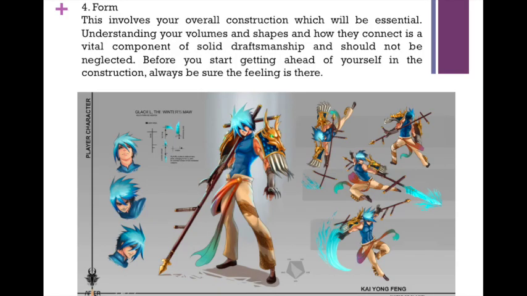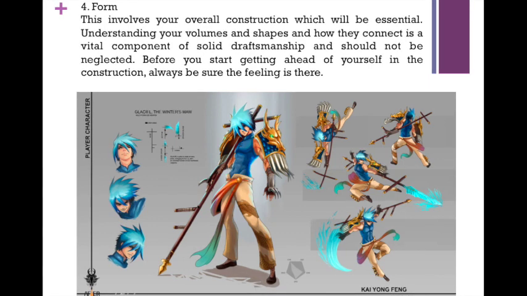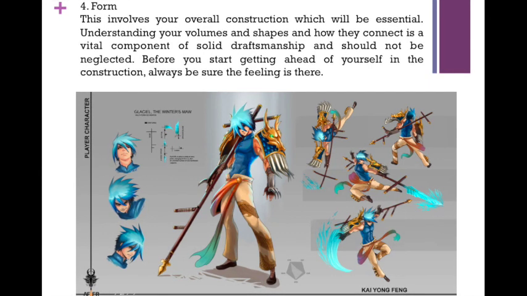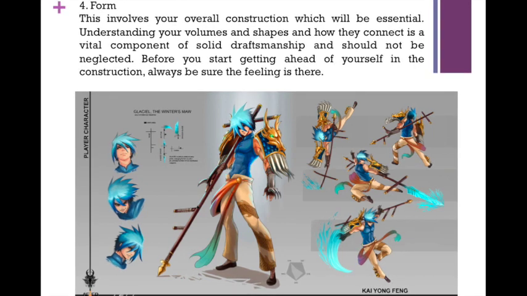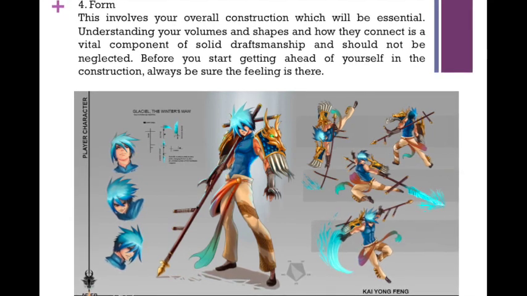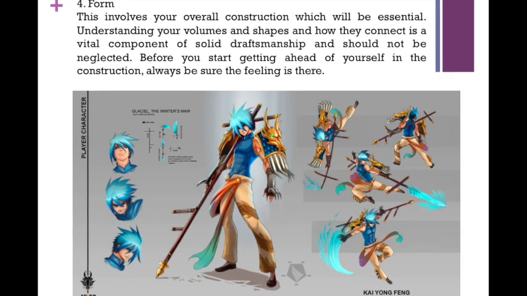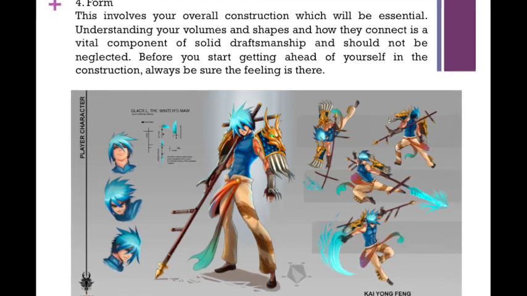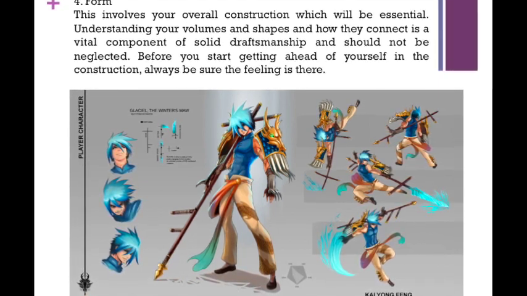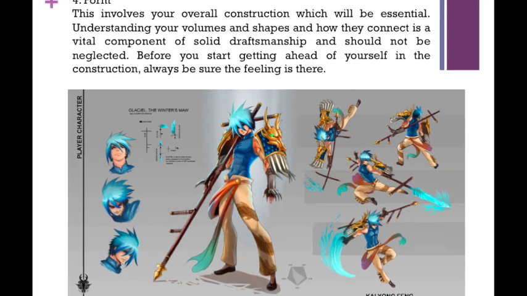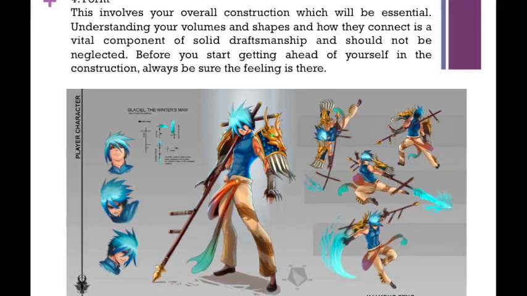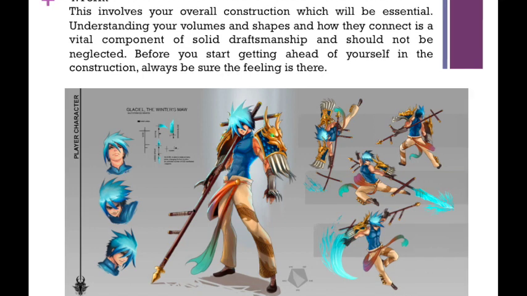And then form is shapes, solid components that should not be neglected. Before you start getting ahead of yourself in the construction, always be sure the feeling is there. For example, the form of your characters is based on what level, what genre, what situation. That is what we call form.